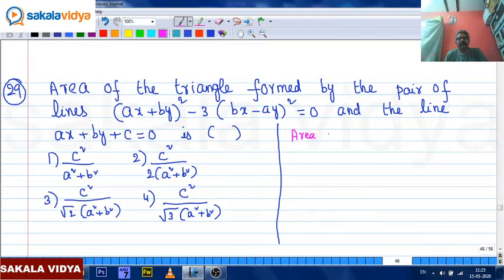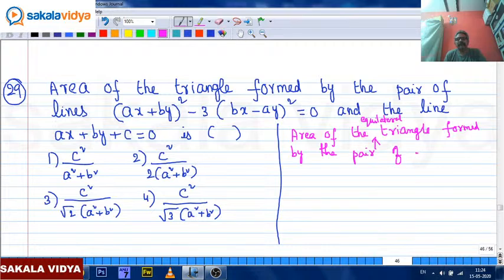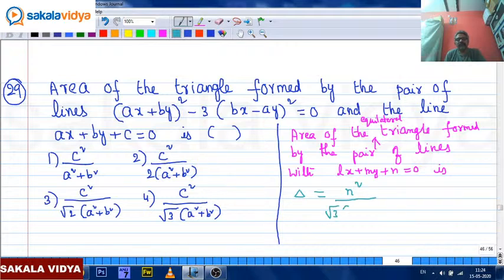Area of the equilateral triangle formed by the pair of lines with Lx plus My plus n is equal to 0 is delta equals n square by root 3 times L square plus m square.